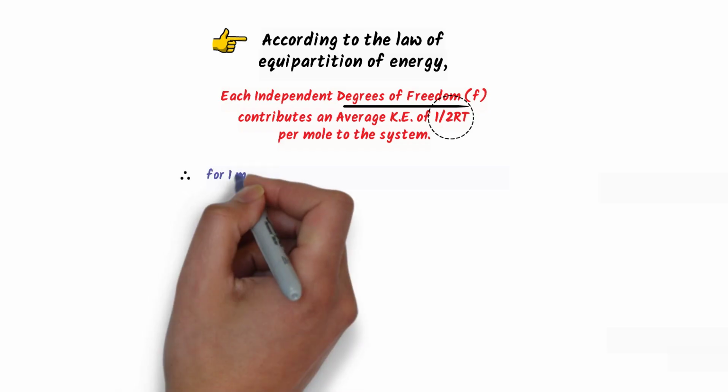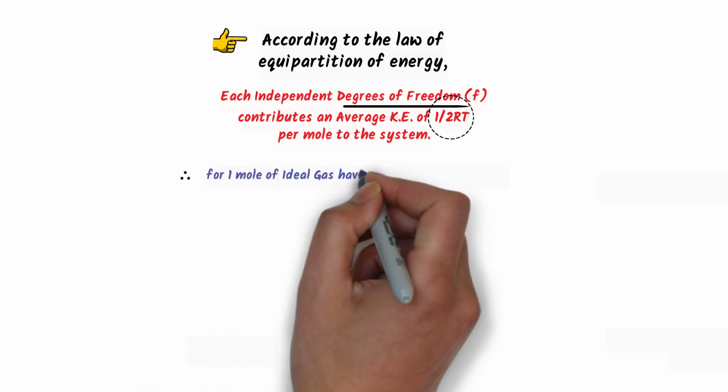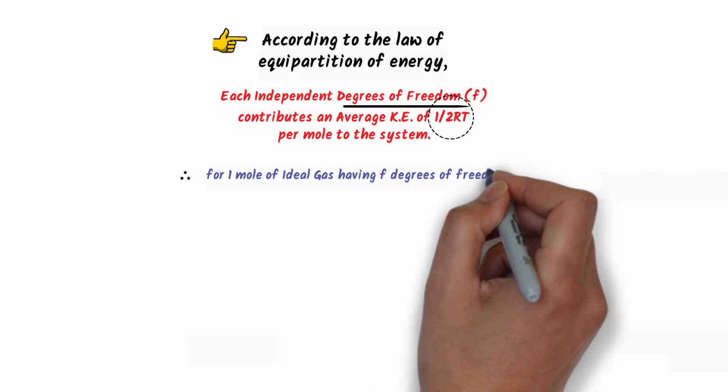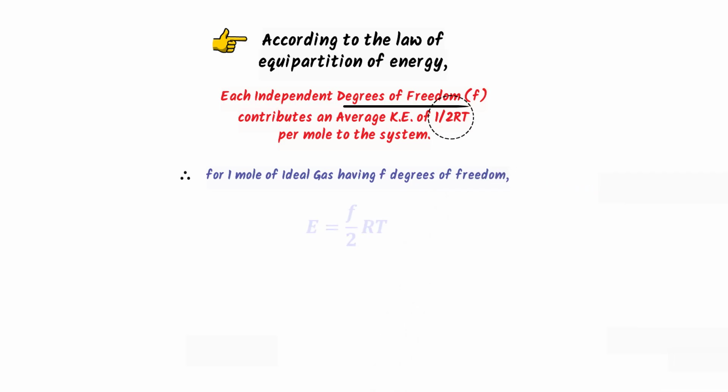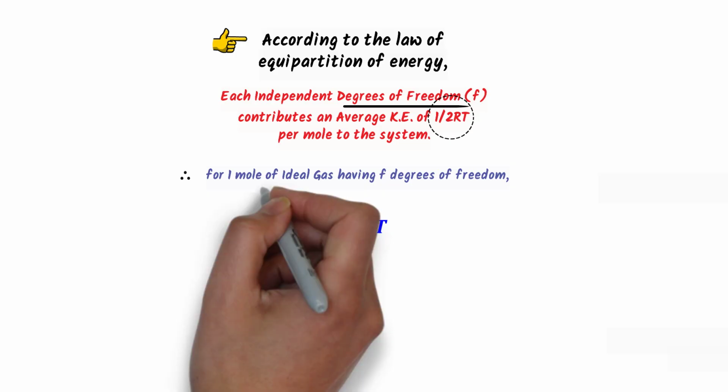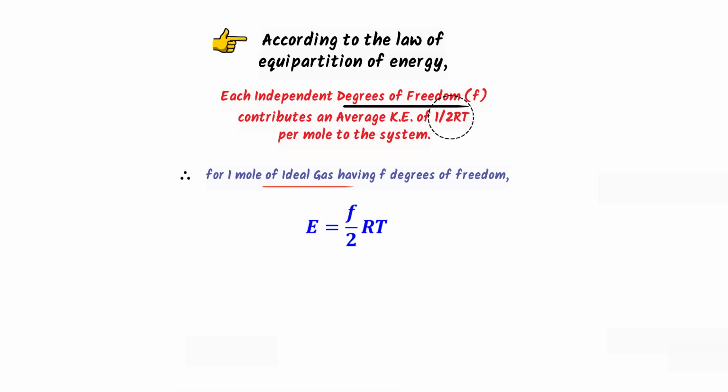Therefore, for 1 mole of ideal gas having F degrees of freedom, we can write the internal energy will be equal to F by 2 into RT. Actually, internal energy is the sum of kinetic energy and potential energy, but as we have talked about the ideal gas, for an ideal gas, potential energy is taken as 0 as per the kinetic theory of gases.